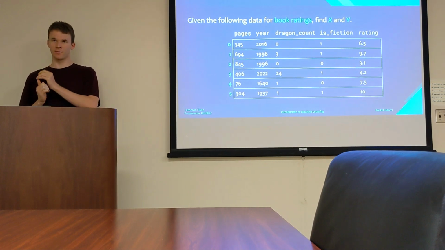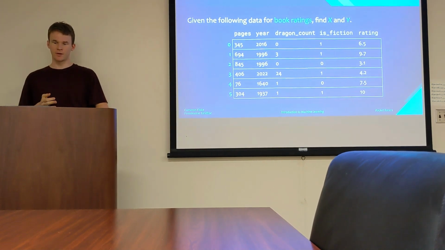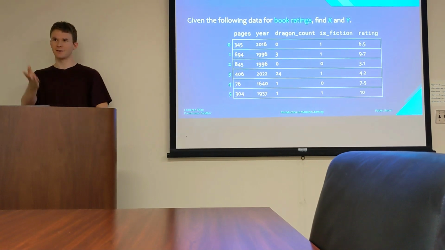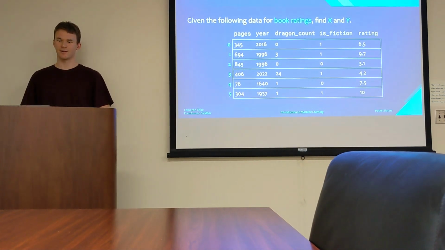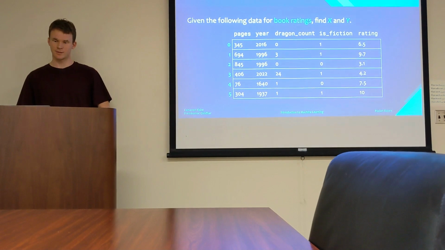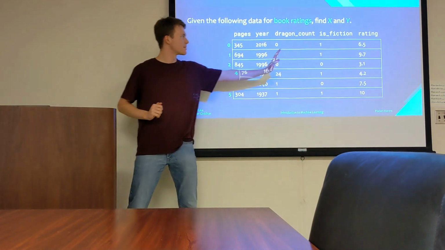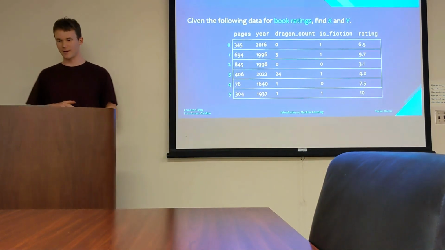Knowing that, who knows what X is going to be? Jennifer? Is it like the pages, year, dragon count, is fiction, and then a column of ones? Yes, that's what X is going to look like. And who knows what Y is going to look like?